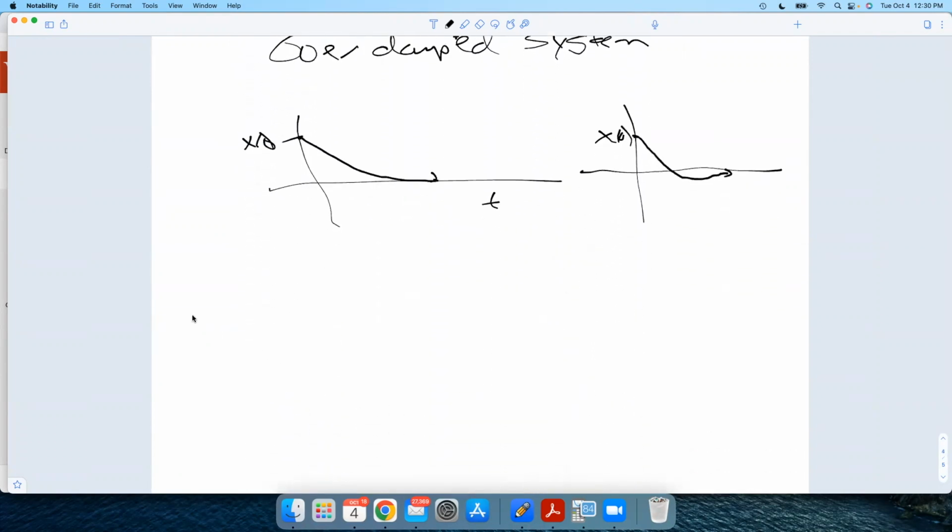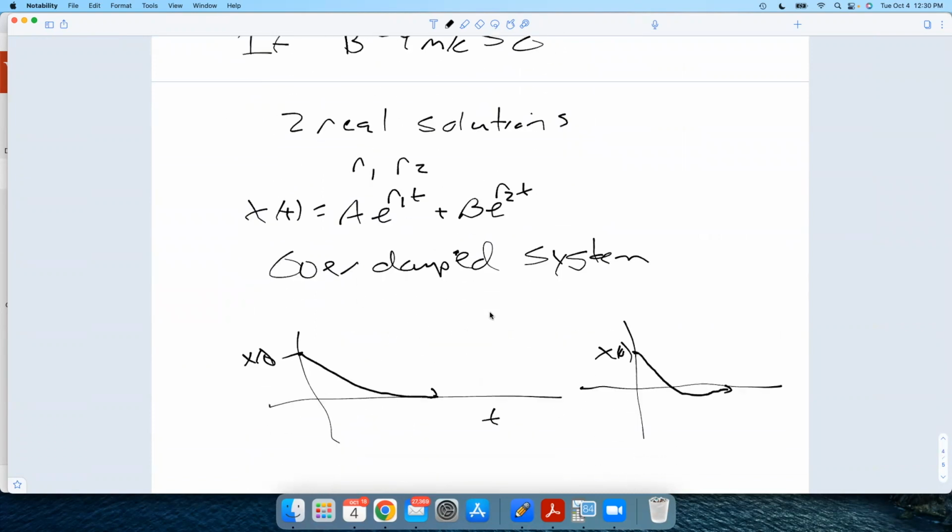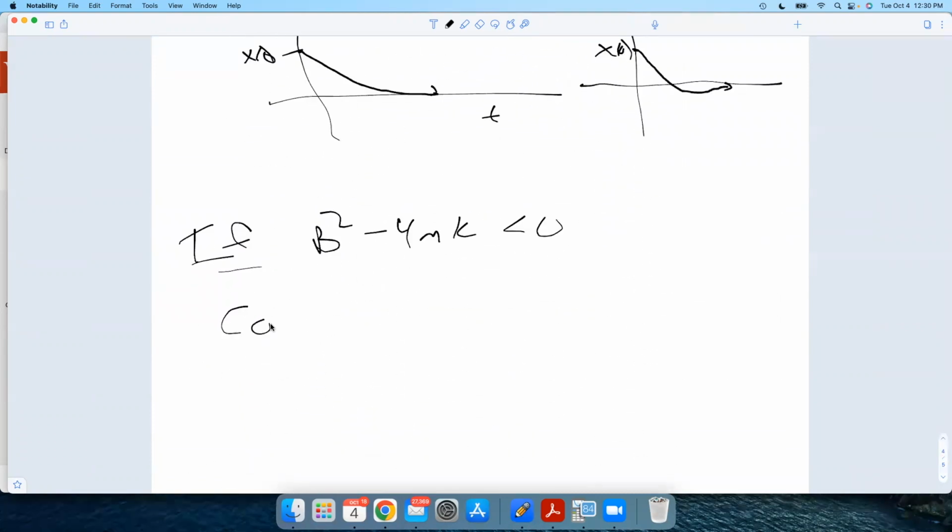What if the discriminant is negative? Well, then we get complex solutions. We'll get solutions a plus or minus bi.